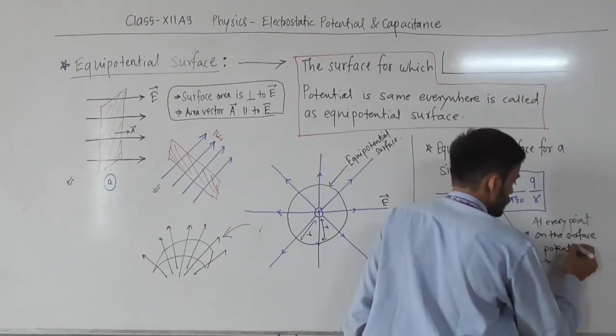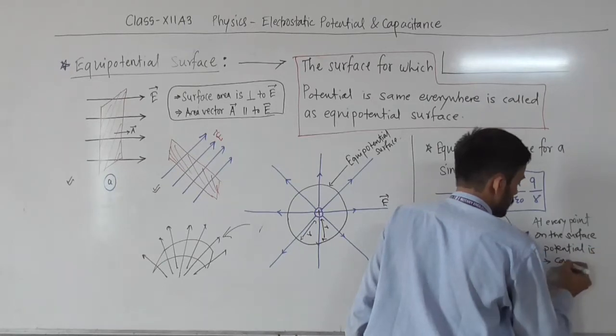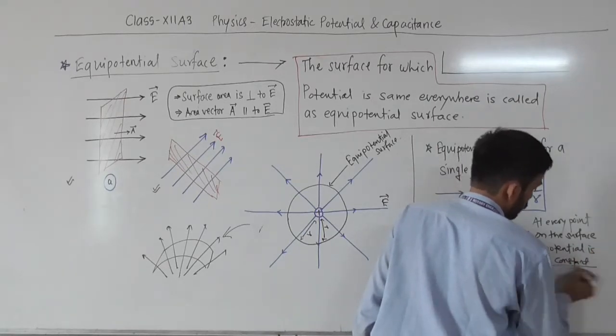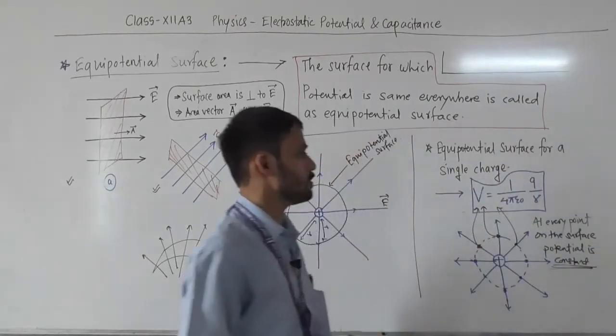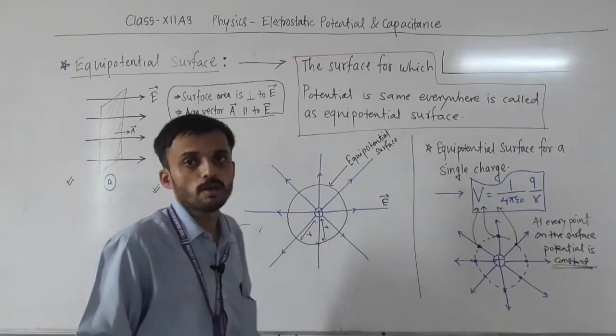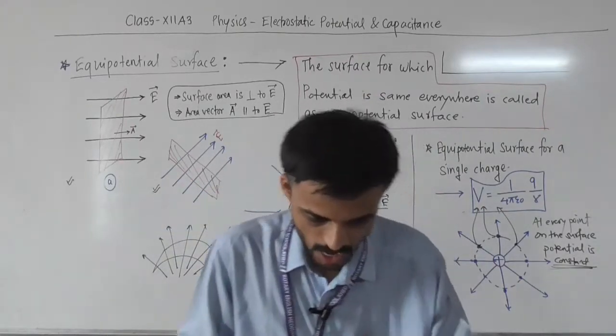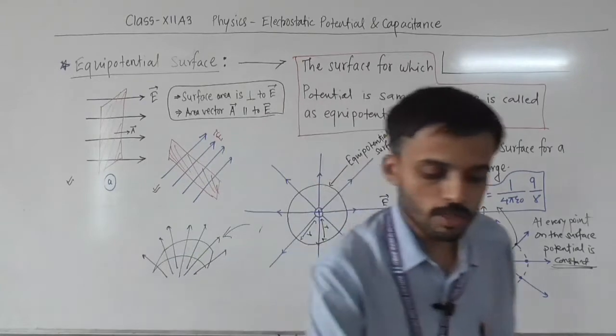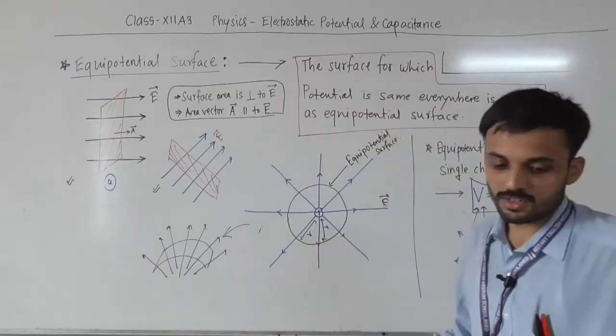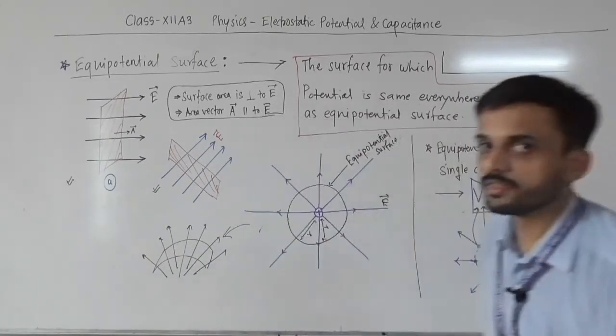Potential is constant. It has a constant value. What is that value? V is equal to 1 by 4 pi epsilon naught q upon r. So that was about the equipotential surface for a single charge. I will suggest you note this down.